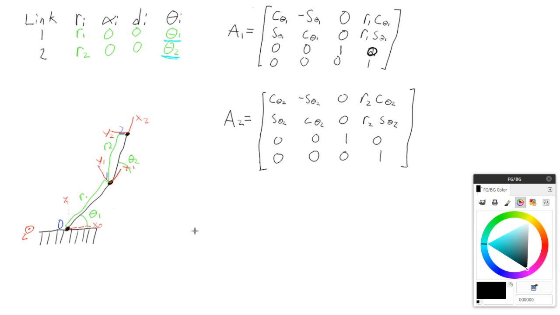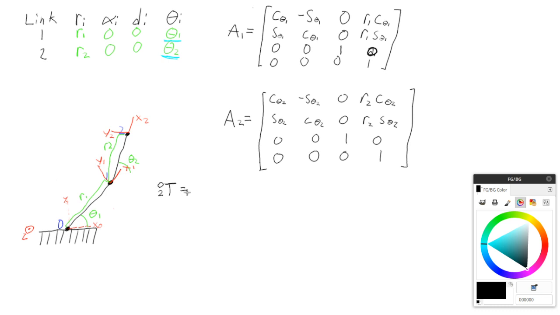So now if we want to figure out the position of 2 relative to 0, well, we can start linking our stuff together. What we're looking at is we want to be in 0. I want to find the position of 2. Looking for this transformation matrix.